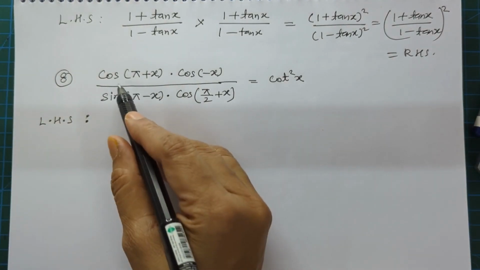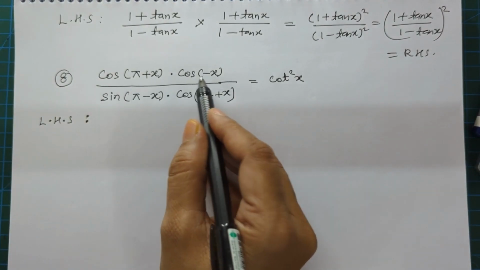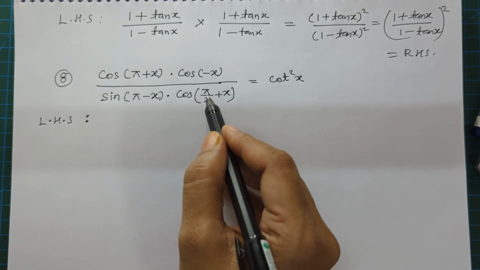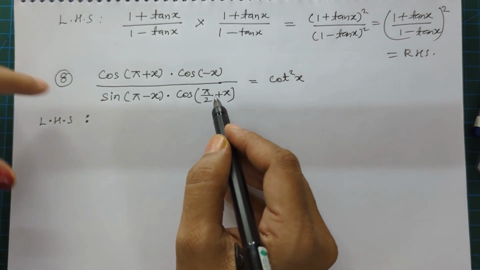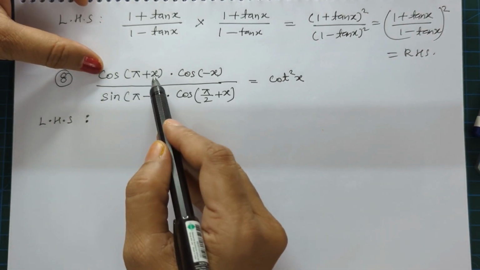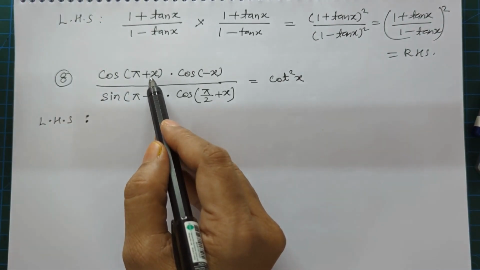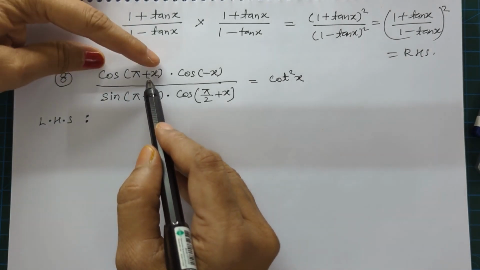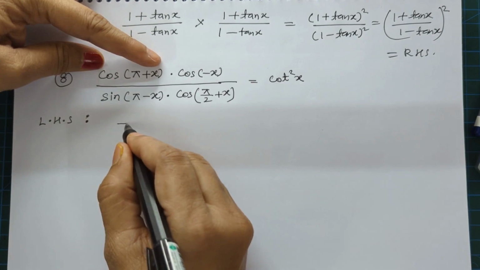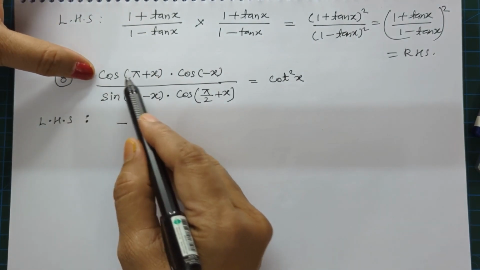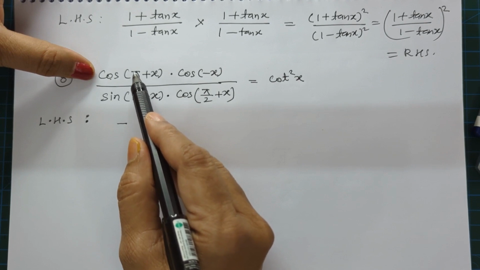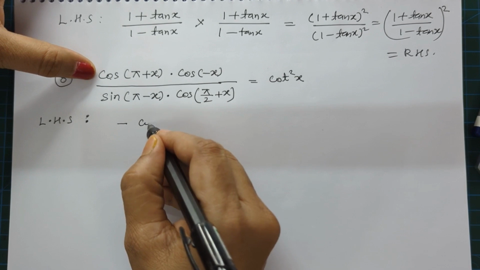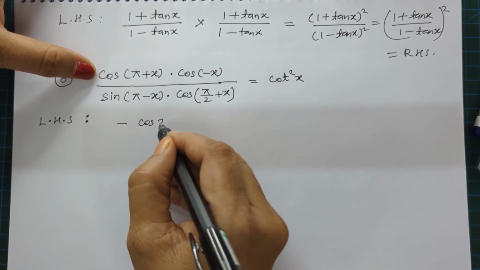Question number 8, we are given cos of pi plus x times cos of negative x divided by sin of pi minus x times cos of pi by 2 plus x. Starting from the left hand side, cos of pi plus x, this angle is in the third quadrant. In the third quadrant only tan and cot are positive, so cos is going to be negative. But this t ratio is with respect to pi, meaning with respect to the x axis, so there is no change. Cos remains cos, so this is cos of x.